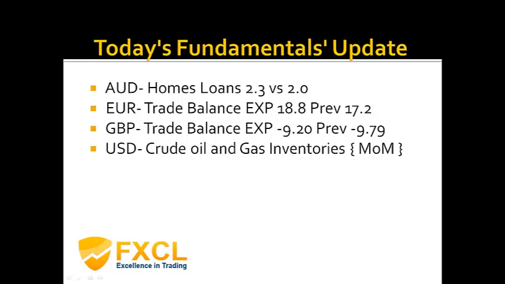And the Great British Pound also has trade balance, expected at negative 9.0, and the previous was negative 9.79. In the U.S. session, not a lot of data coming out, and we have crude oil and gas inventories month on month, both of those in the U.S. session.